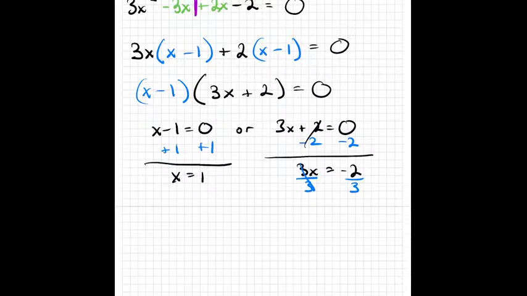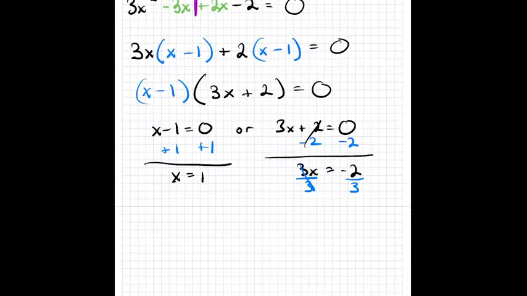That's why we subtracted 2 on both sides. Notice here we have 3 times x. The opposite of multiplication is division, so that's why we divided both sides by 3. We're constantly using inverse operations to isolate the variable. So we get a result of negative 2/3.